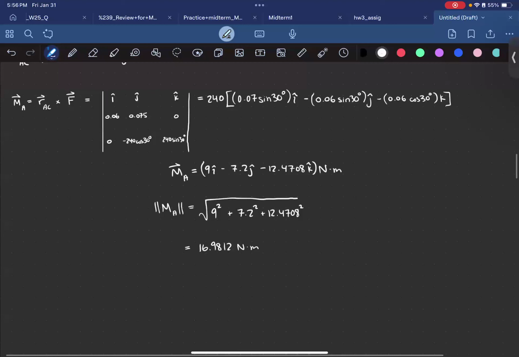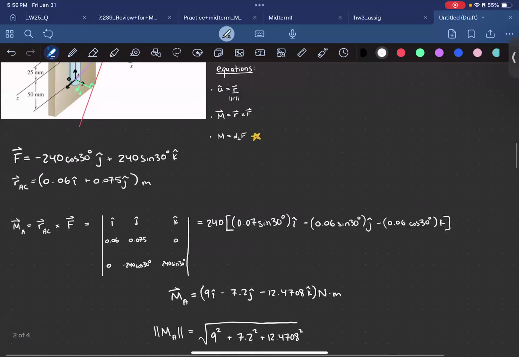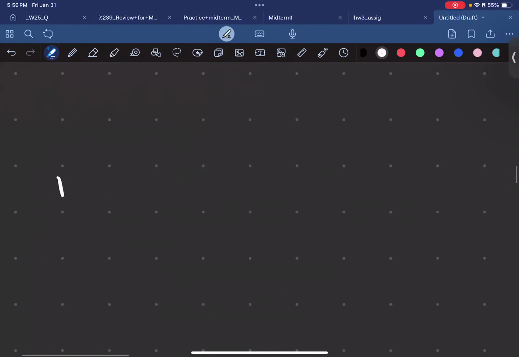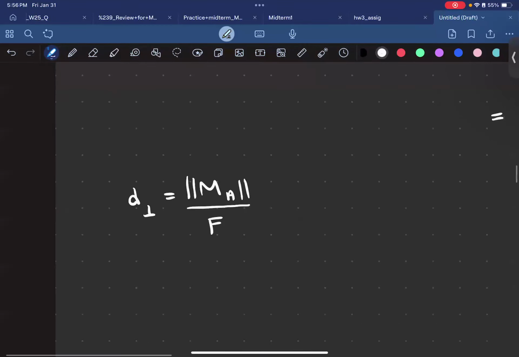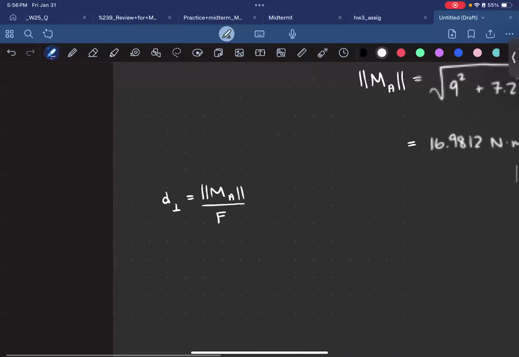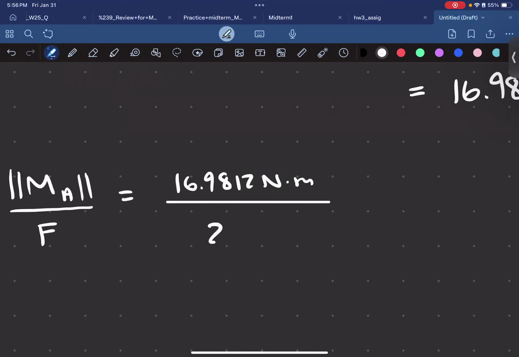And then now that we have our magnitude, we can rearrange the equation and solve for the perpendicular distance, which is equal to the magnitude of the moment about A over the magnitude of the force that we were given. And so we have 16.9812 newton meters all over 240 newtons.